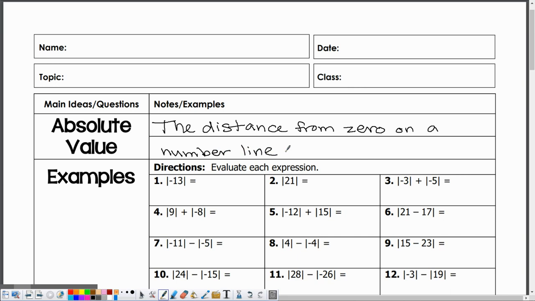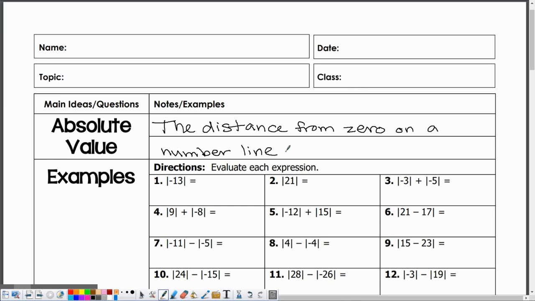Okay, and so that's just always a positive number because the distance from 0 is going to be positive. So even if you're going to -2, that is 2 steps away from 0. So that's why it would be a positive number. Okay, so your distance is always positive here, so absolute values are always positive.